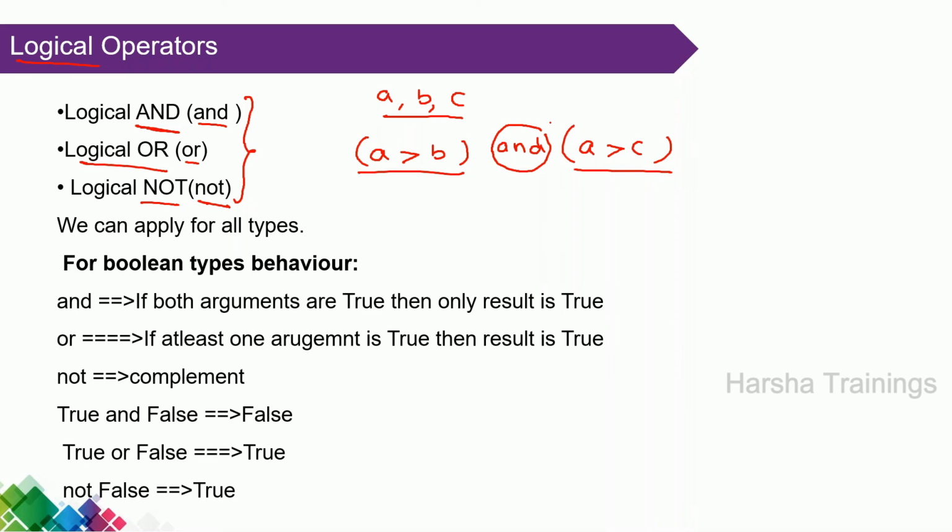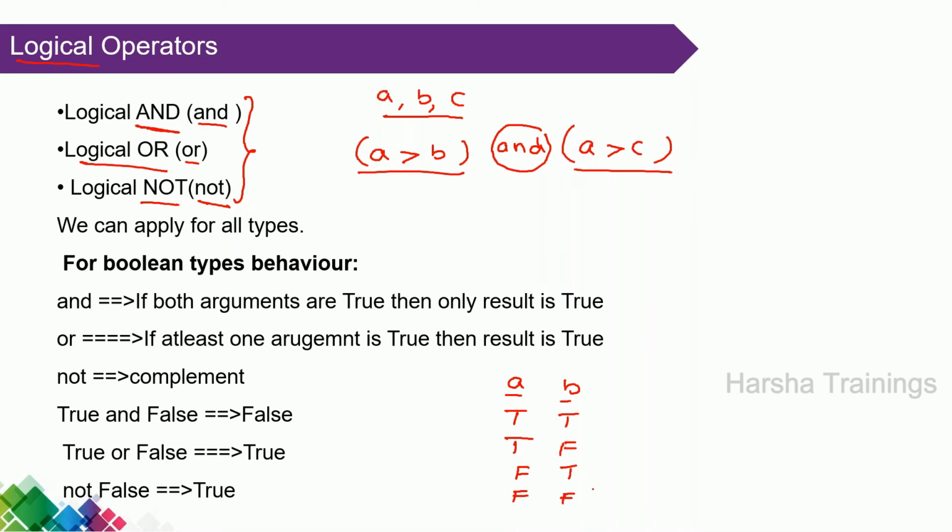It checks the expressions. Remember, if we have only two variables, A and B, we have four possible cases: true true, true false, false true, and false false.